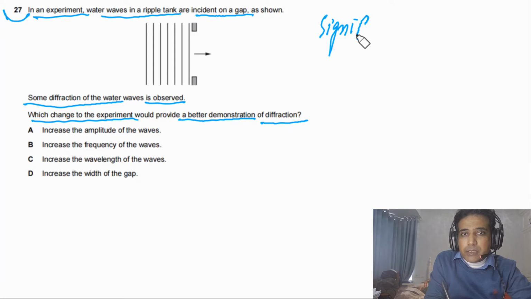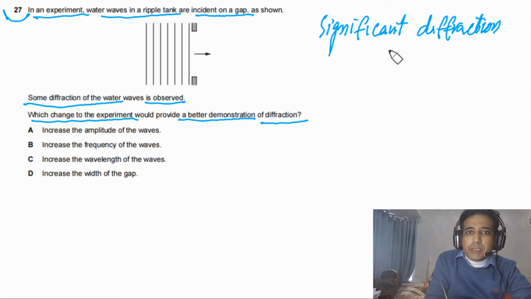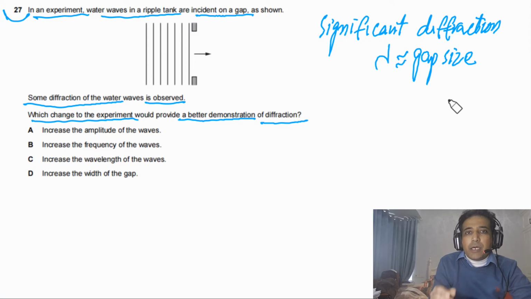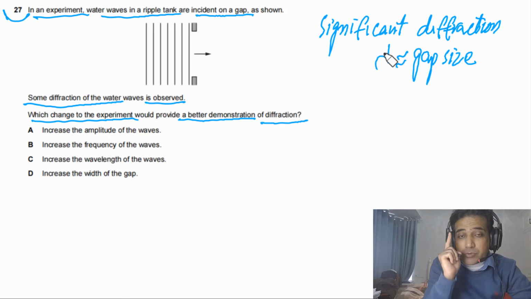You can simply say significant diffraction takes place when lambda is about equal to the gap size.